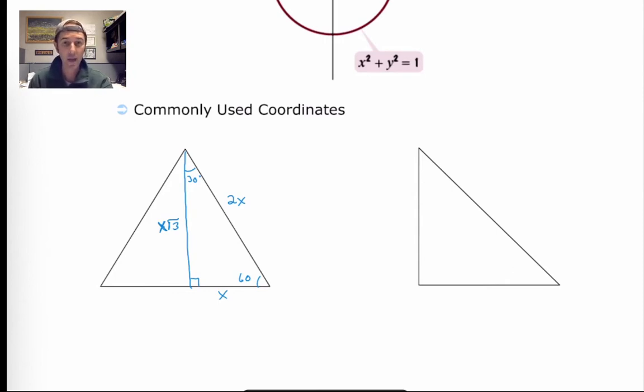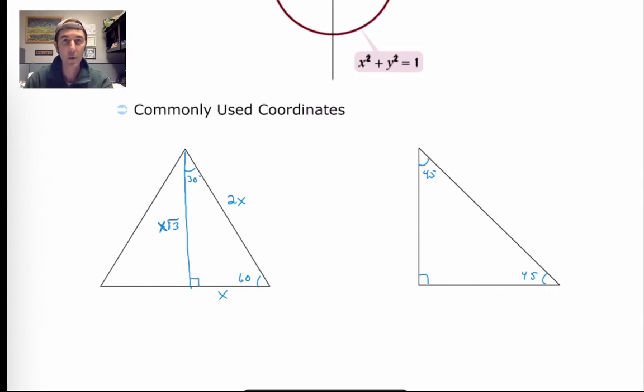The triangle that's on the right is a 45-45-90 triangle. There's our 90-degree angle. This angle measures 45 degrees. Now I'm going back to degrees in both of these examples because that's what you're most familiar with. 30-60-90, 45-45-90.